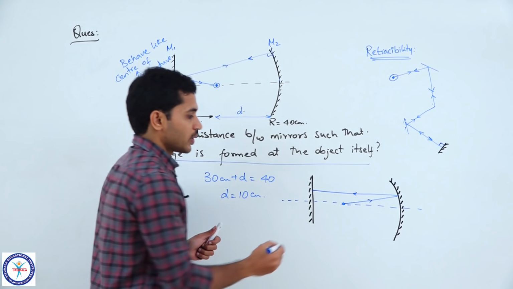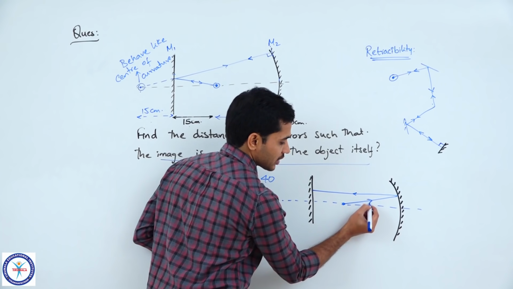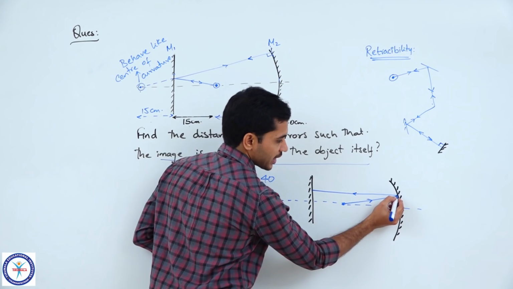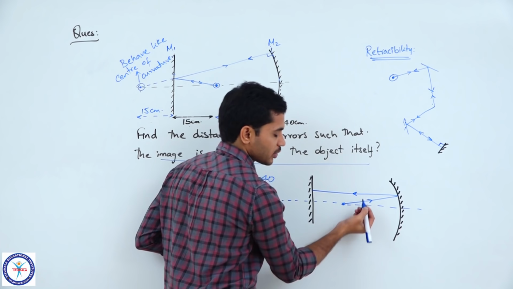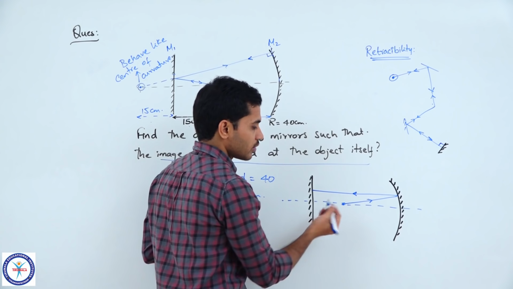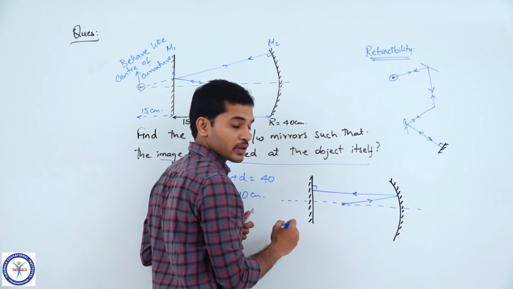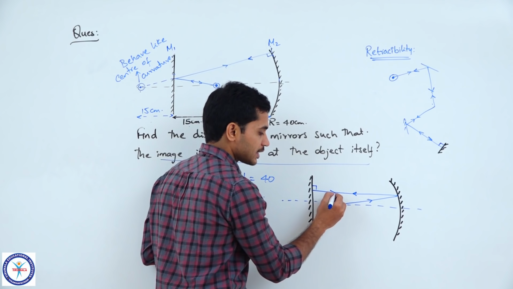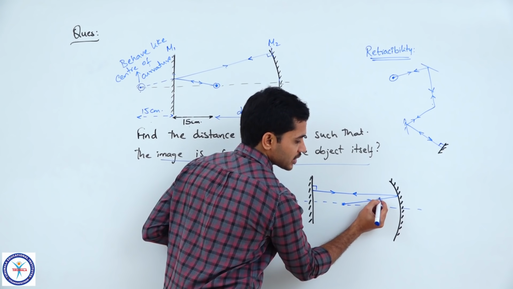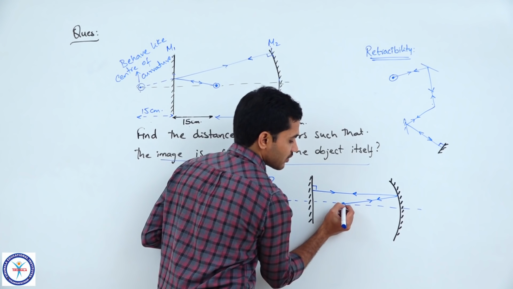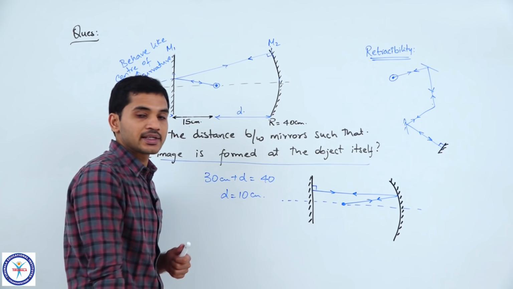Is that clear? So, when this light ray starting from the object strikes the mirror and becomes parallel in this manner, then what happens? It strikes the plane mirror perpendicularly, which means it retraces backwards, and the same thing happens. So, it strikes back once again here, it retraces its path, and the final image is once again formed at the same location.